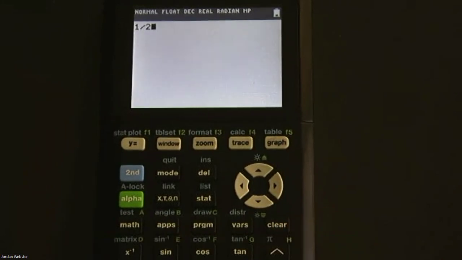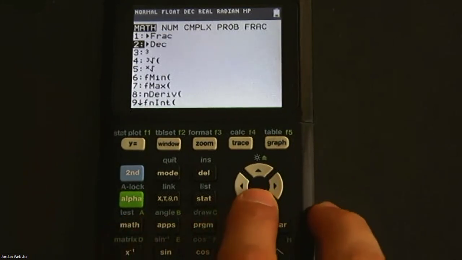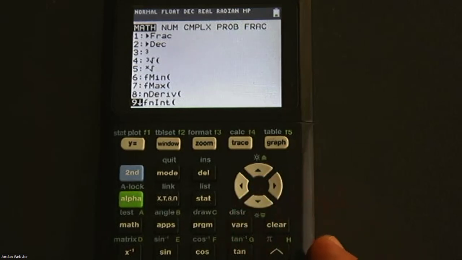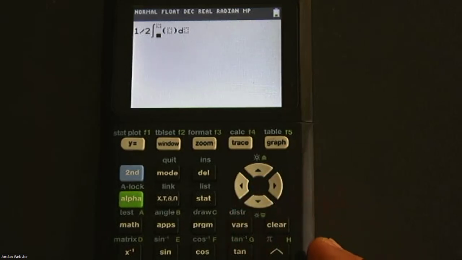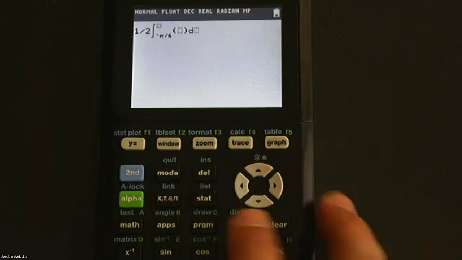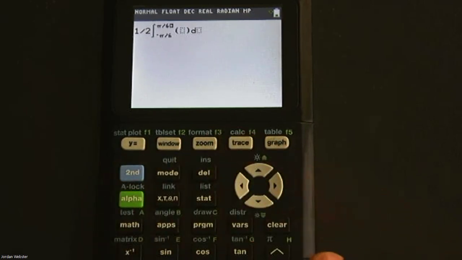And that integration was 1/2 times the integration, so hit math. Down here at number 9 is FNINT, that's my function integration. And then I'm going to go from negative pi over 6 up to positive pi over 6.